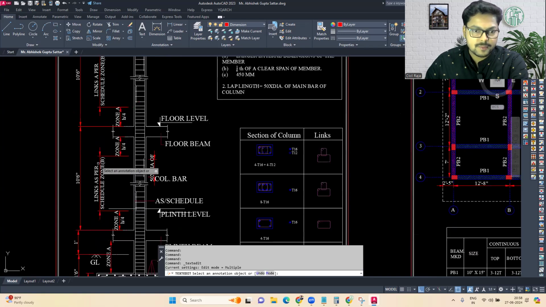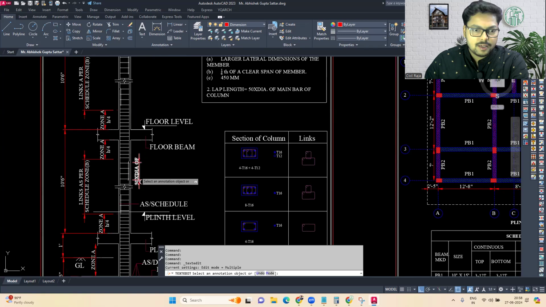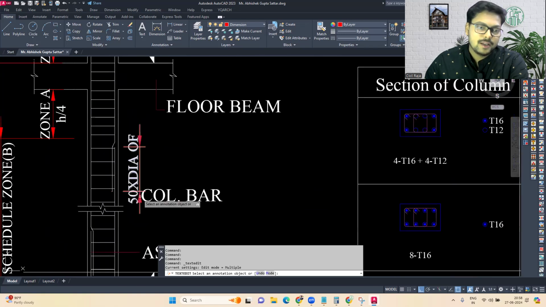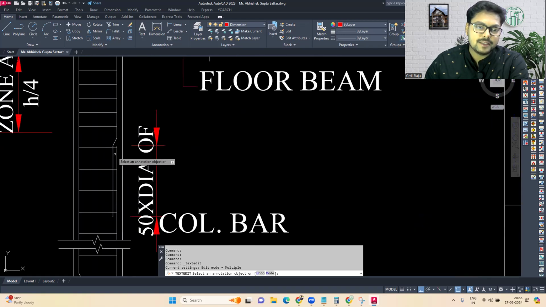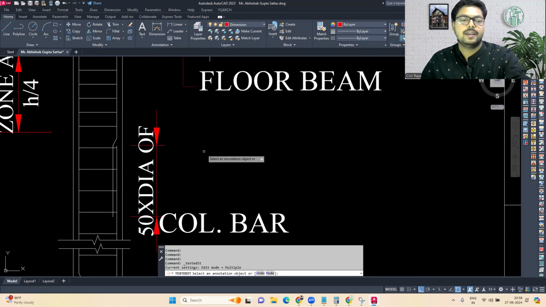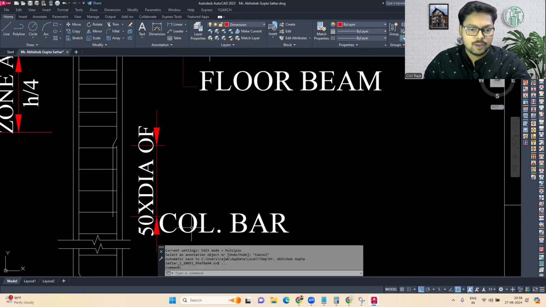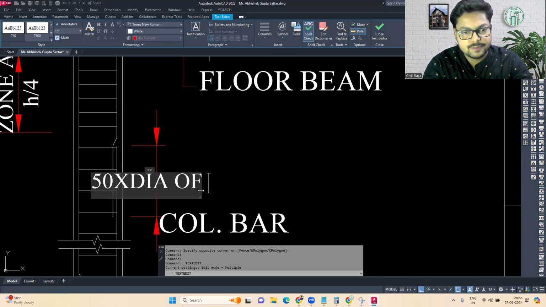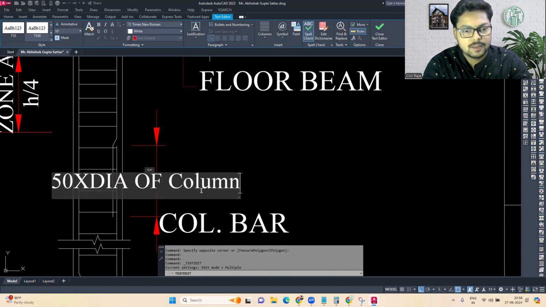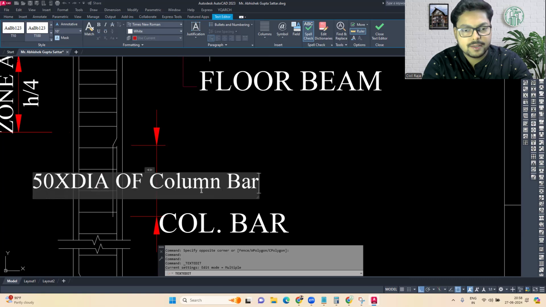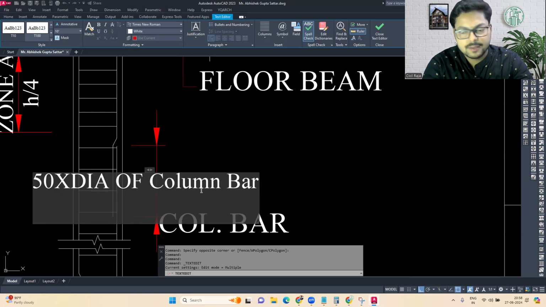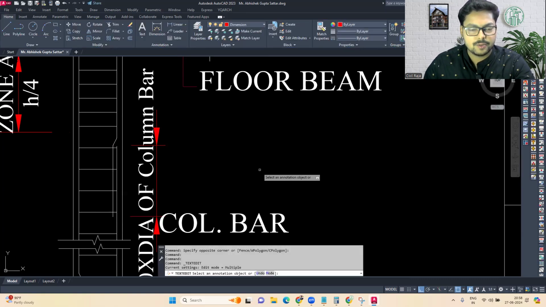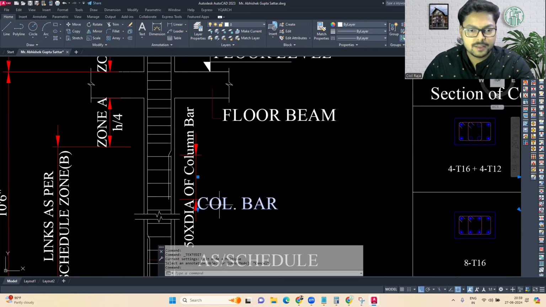If you are going for a lap length, then this should be 15 into dia of column bar, and 50 into dia of column bar.